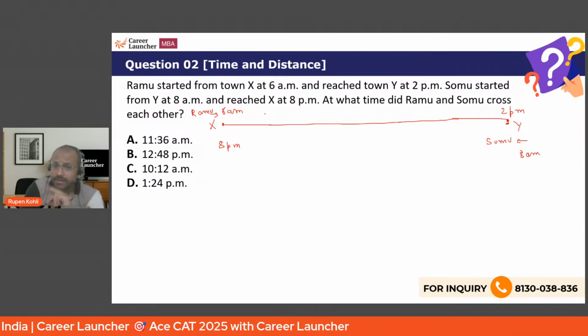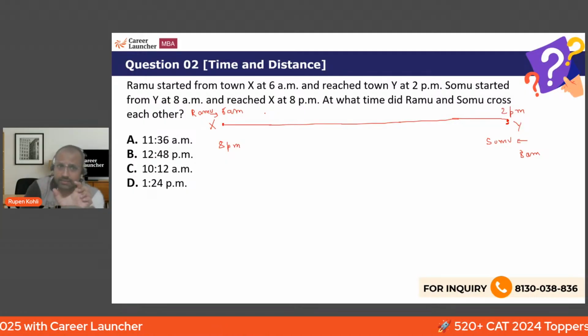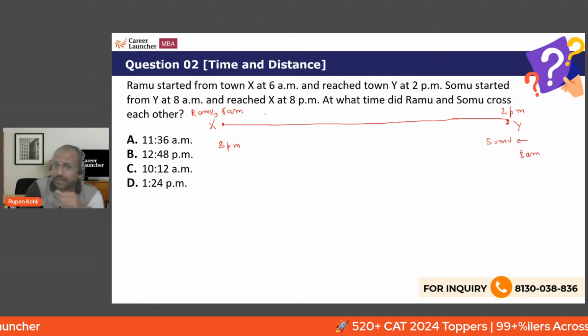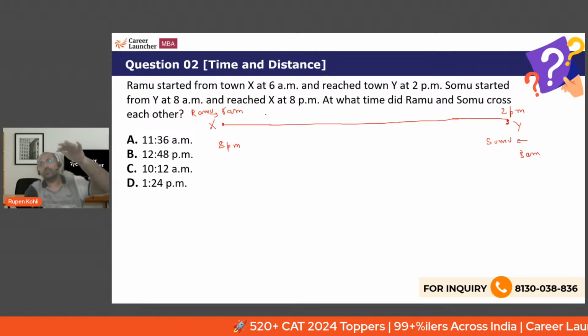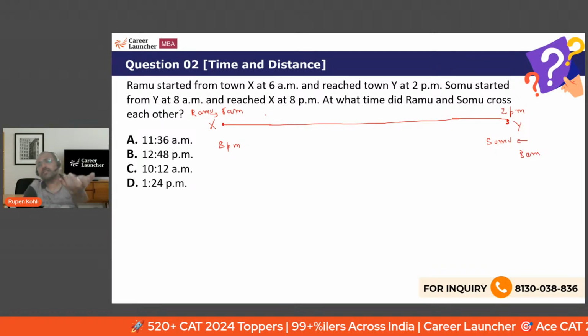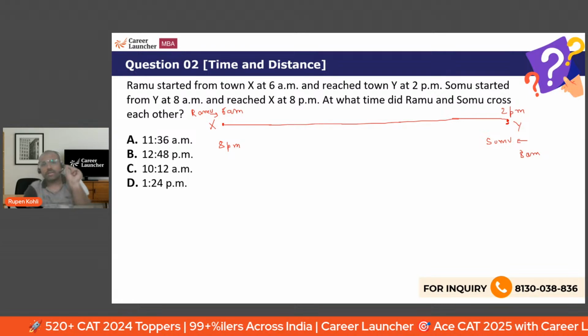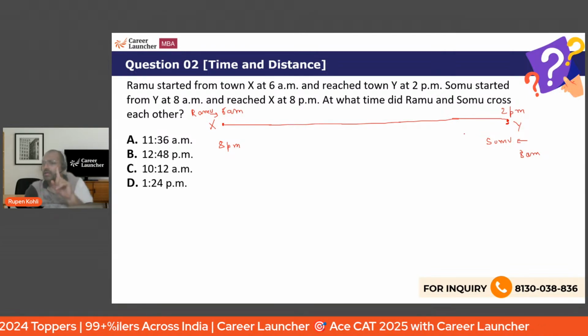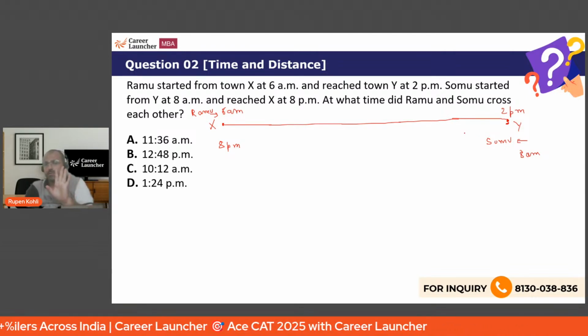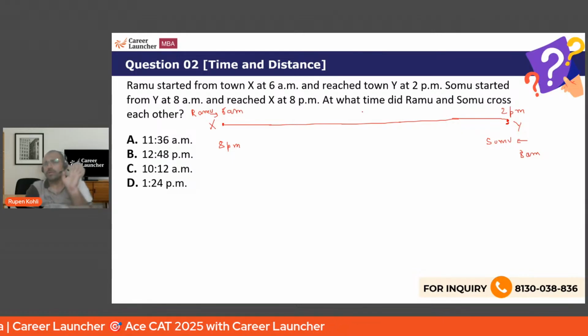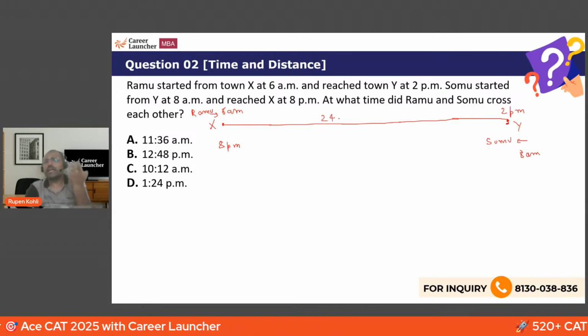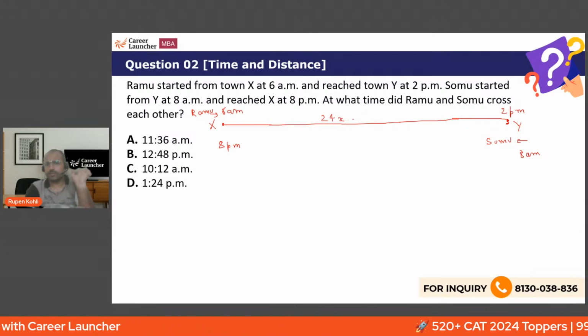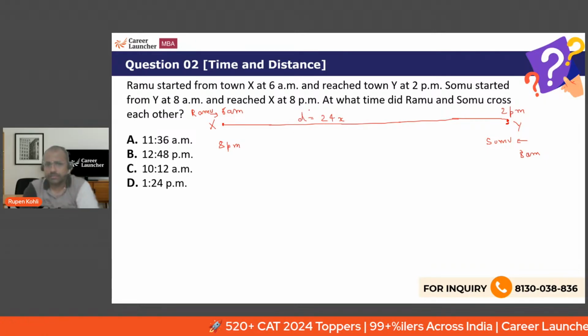Speed being distance by time, right? Once I define the distance, then the speed is distance by time. So I need the distance to be a multiple of time so that the speed is not in fraction form. So the times for Ramu and Somu are 8 and 12 hours. The LCM of that, a common multiple of 8 and 12, is 24. Let the distance be 24x kilometers. Okay. Let this be the distance 24x.